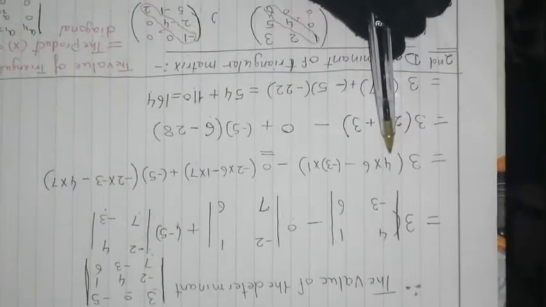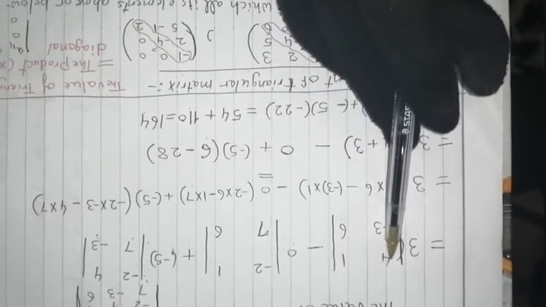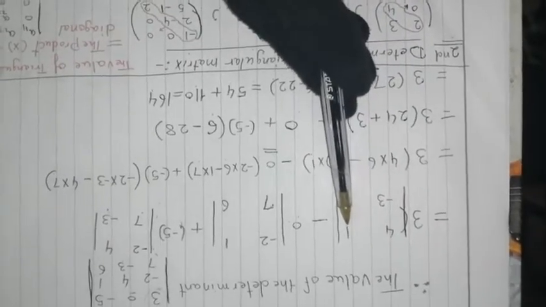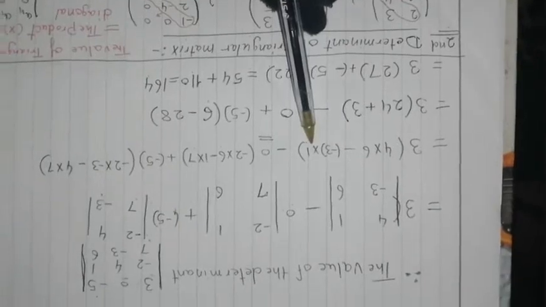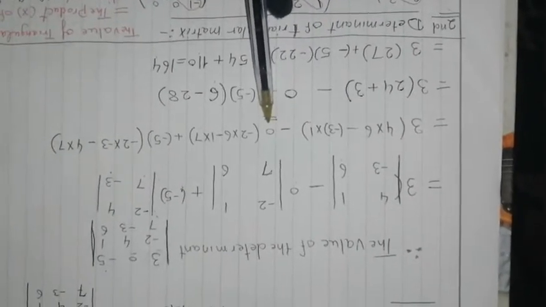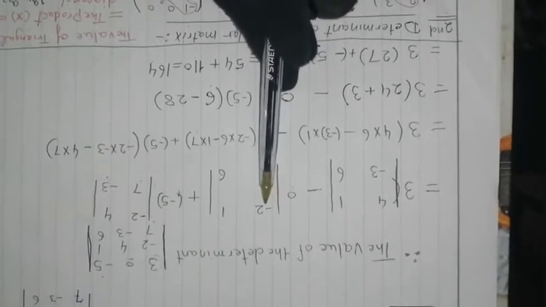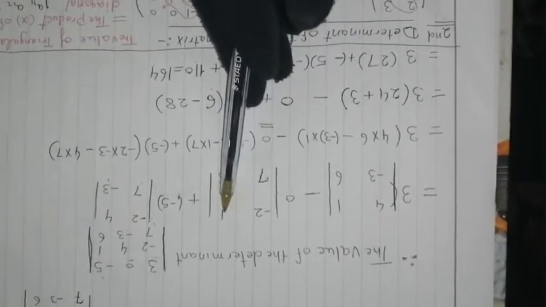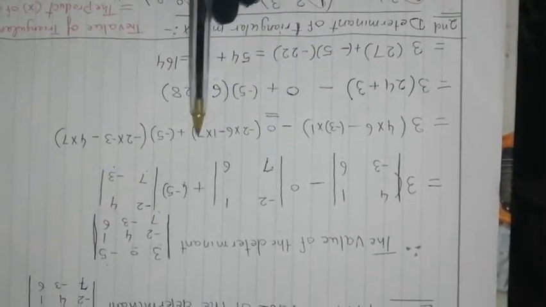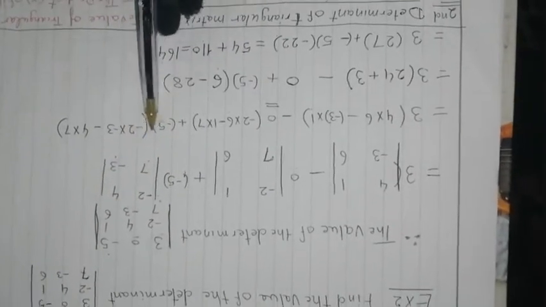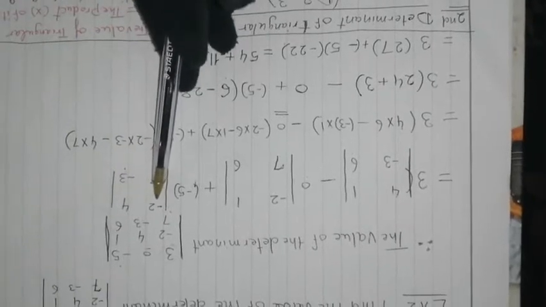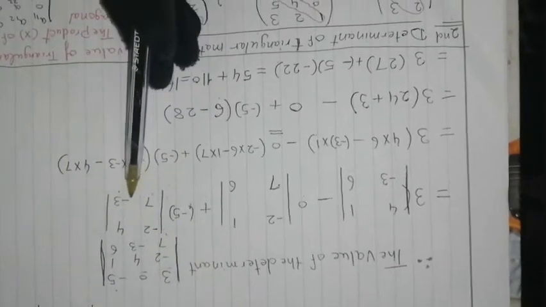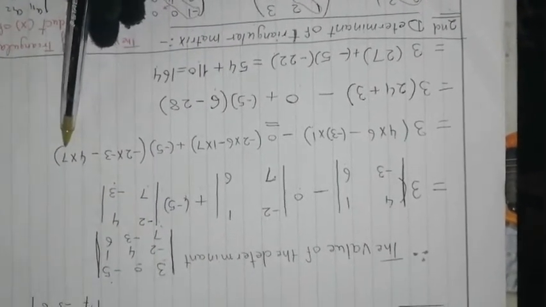3, open the bracket, the product of the principal diagonal 4 times 6 minus the product of the other diagonal -3 times 1, minus 0 times the product of the principal diagonal -2 times 6 minus the product of the other diagonal 1 times 7. -5 times, open the bracket, the product of the principal diagonal -2 times -3 minus the product of the other diagonal 4 times 7.